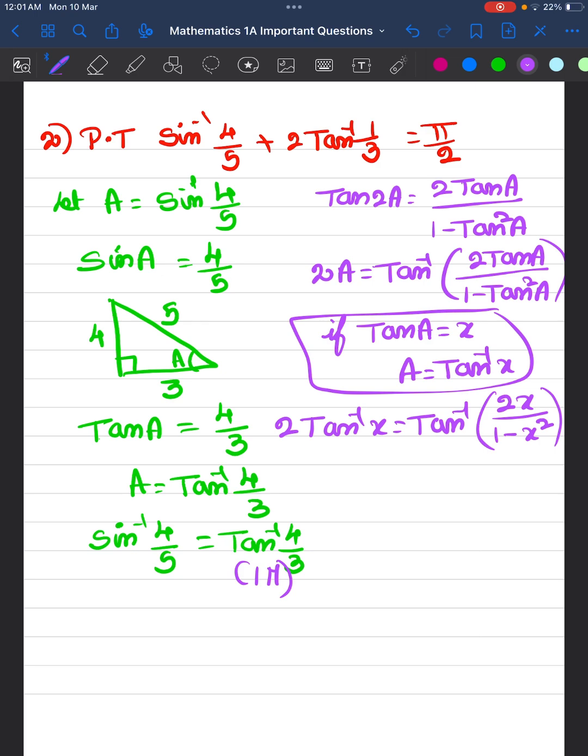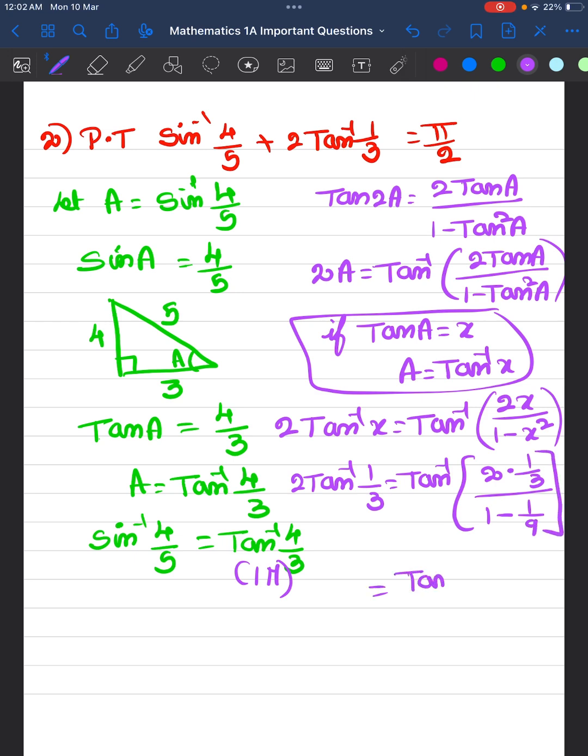So if I take 2 tan inverse 1 by 3 here, what will it become? Tan inverse of 2 into 1 by 3 by 1 minus 1 by 3 whole square, which is 1 by 9. So tan inverse of 2 by 3 by 9 minus 1 by 9. That is tan inverse of 2 by 3 by 8 by 9.